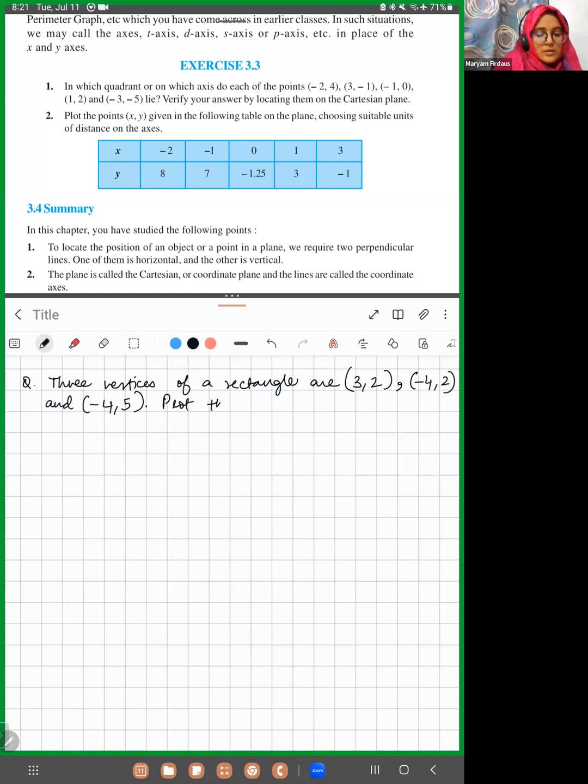Plot these points and find the coordinates of the fourth vertex.